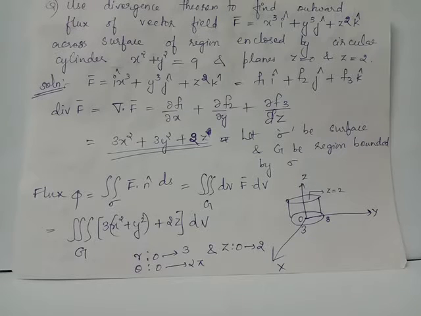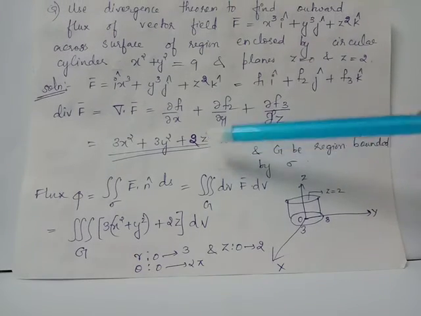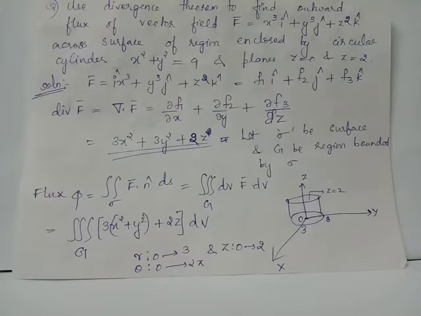Dou f2 by dou y, the partial derivative of y cube with respect to y, is 3y square. Dou f3 by dou z equals 2z. Therefore, divergence of F bar is 3x square plus 3y square plus 2z. Hence, the flux integral can be equated to this expression.